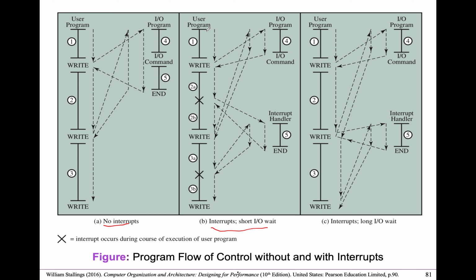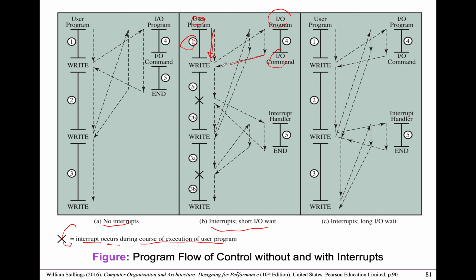if you have an interrupt, you can see over here your flow first goes under your user program. Then you're going to go to your input output program, of course the command. But before you end it, you're going to see that an interrupt occurs during the course of execution of the user program.